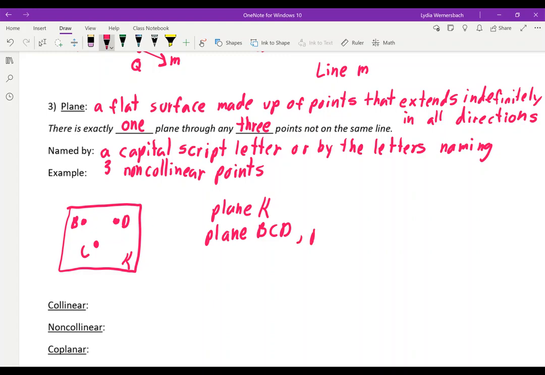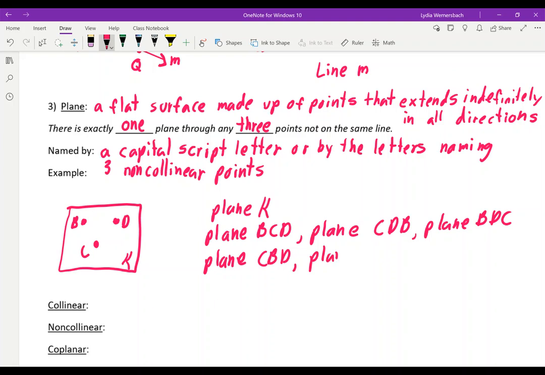We can call it plane CDB. We can call it plane BDC. We can call it plane CBD. We can call it plane DBC. And we can call it plane DCB. So these again are all viable names.